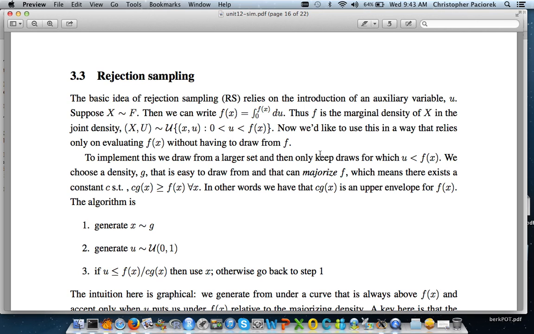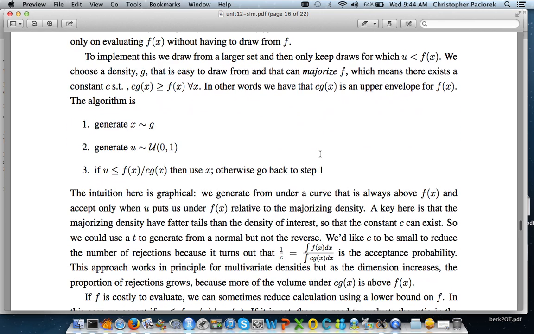Then I'm going to generate this U that's uniform(0, 1). If U is less than f over c times g, that's basically saying if I'm generating a number between here and here, and it falls here rather than here, then I'm going to accept the point. If it falls here, I'm going to reject it. I'm just going to keep doing this procedure until I collect enough values that I've got a large enough sample from my distribution f. So that's the basic idea.